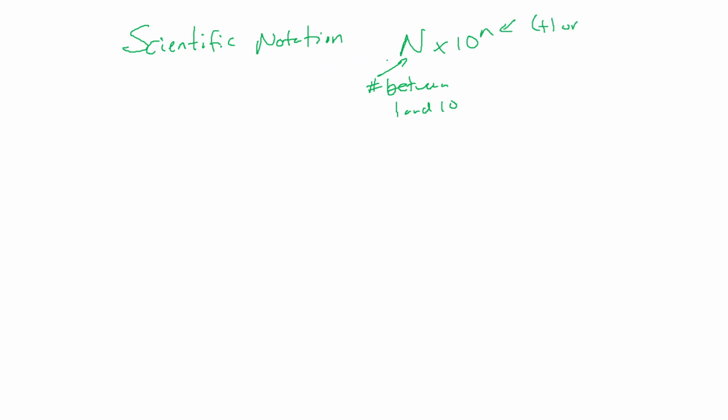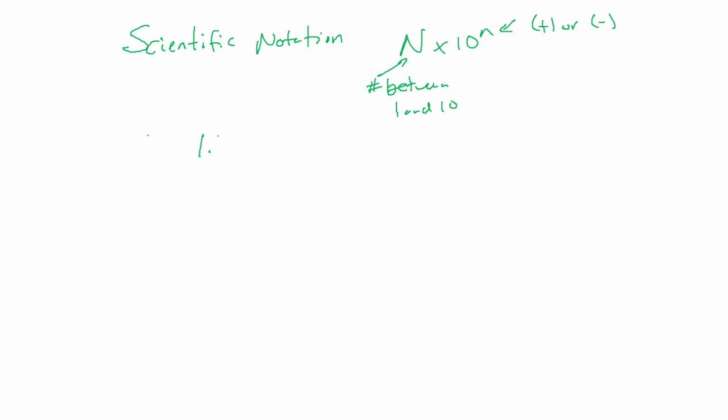Scientific notation, which we'll maybe cover in another video. When you have a number that's written in scientific notation, which by the way has a general form of n times 10 to the n, that is a number between 1 and 10, times a power of 10 that is either positive or negative, depending on which way you need to move the decimal place to get to a number between 1 and 10.